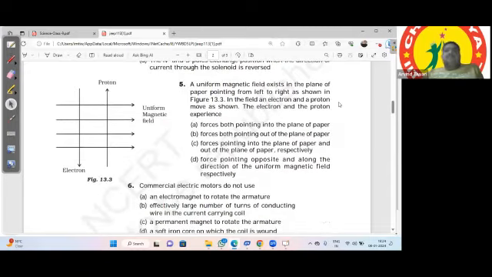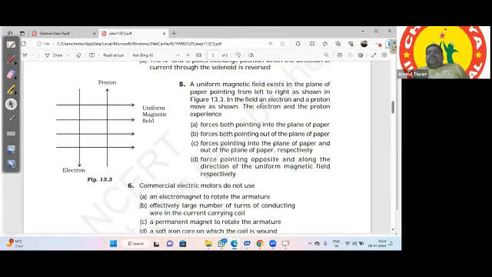See the fifth question. A uniform magnetic field exists in the plane of paper pointing from left to right. See both of them. Take your time again.